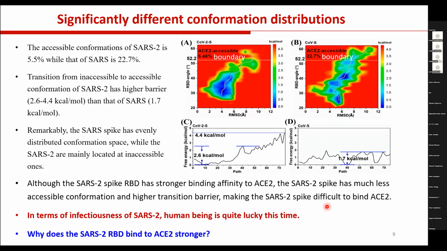So this might be at least one of the reasons why the full-length spike protein of SARS-2 has a weaker binding affinity to ACE2 in comparison with SARS.